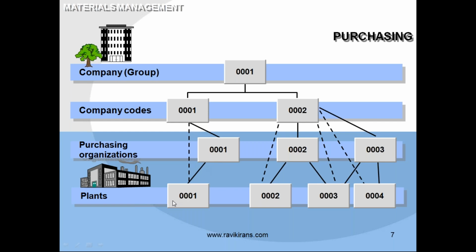But the purchase organization I have to assign on both sides, to the company code and here also, because one purchase organization can control many plants. And see this 0003: 0002 is also interested in these products, and 0003 is also interested in these products. Note this diagram.